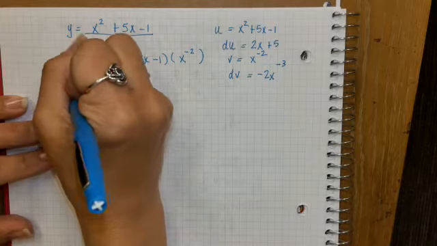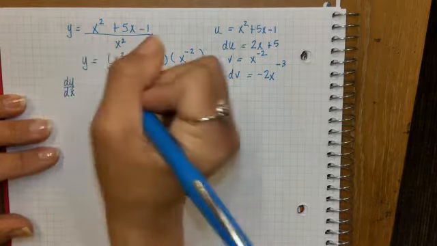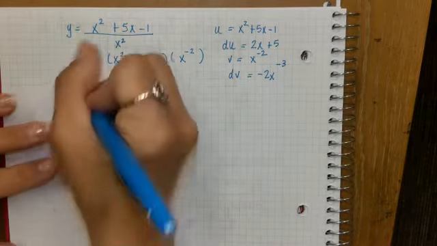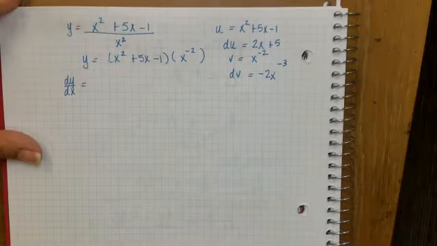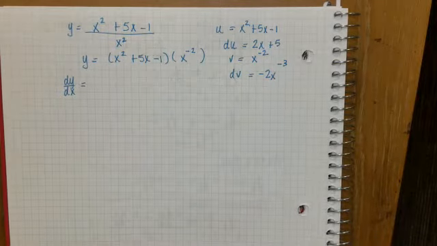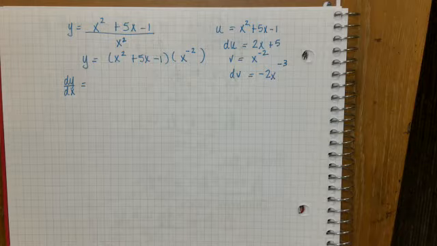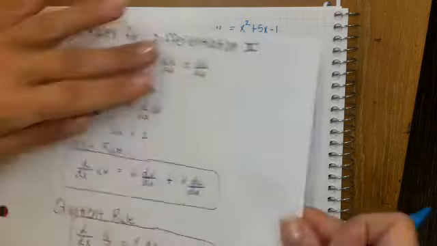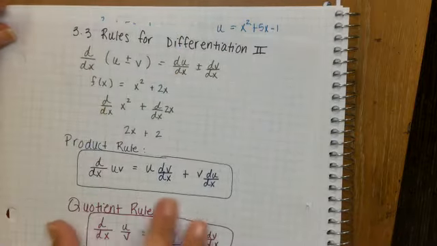So the derivative of y with respect to x is u times dv dx. So here's the product rule.